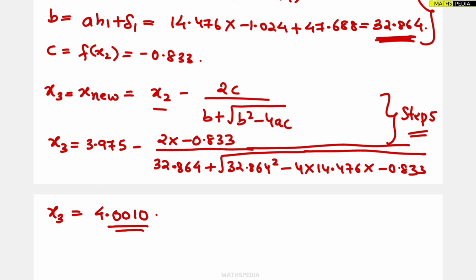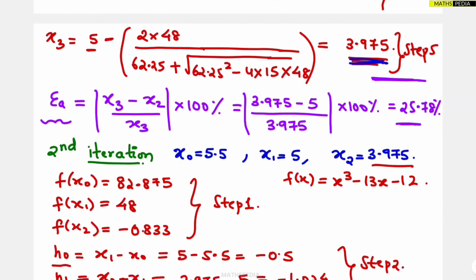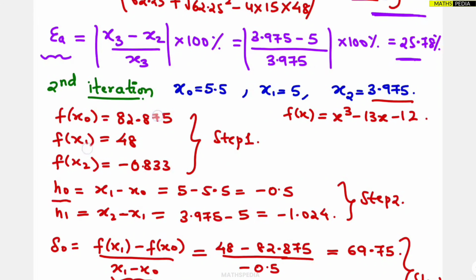Now, if you want to go for the third iteration, why do we have to go for the third iteration? As I said, here also, after step 5, I calculated one more step. I calculated the absolute error, epsilon A. Why did I calculate it? To find out the error. Here it was 25.78%, which is quite more. You have to reduce the error. Here the x2 value is 3.975.